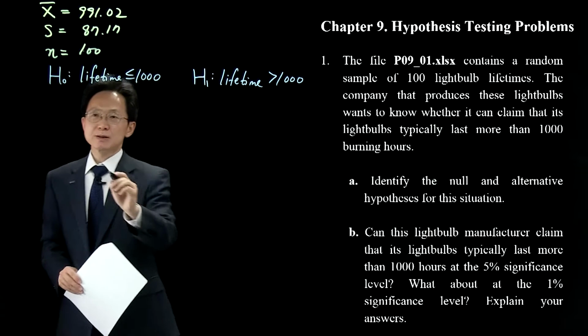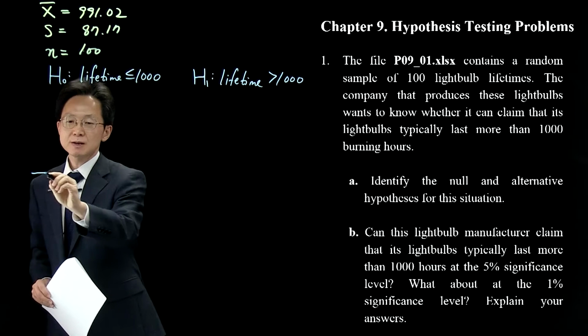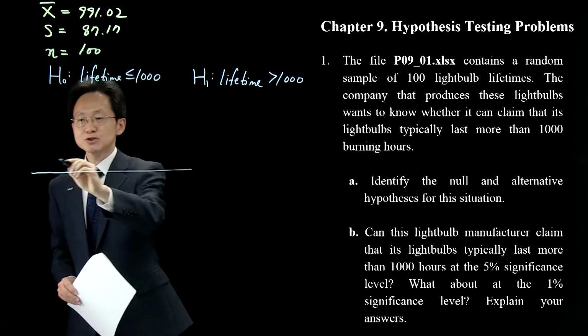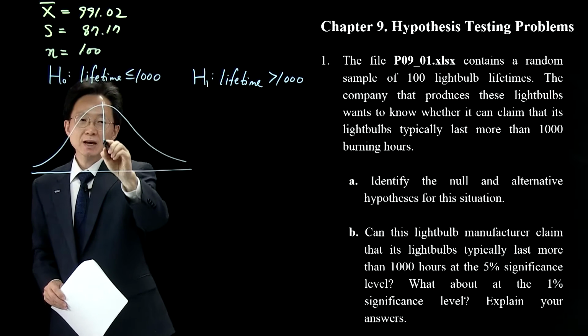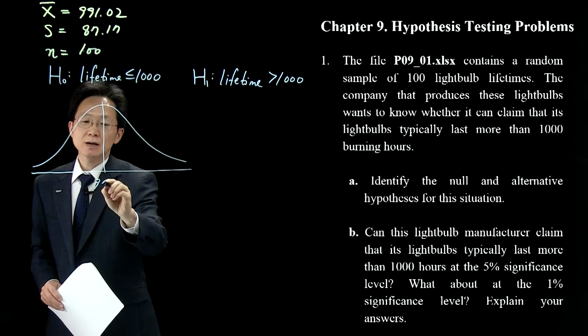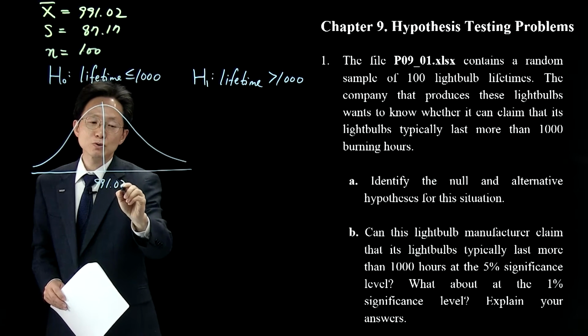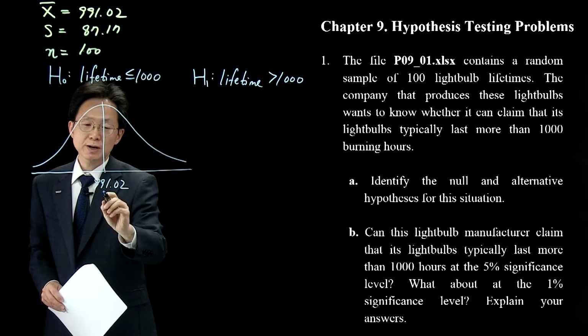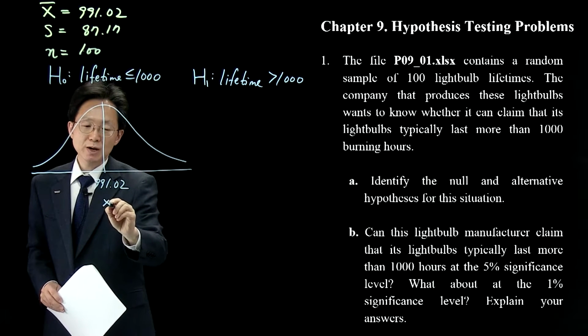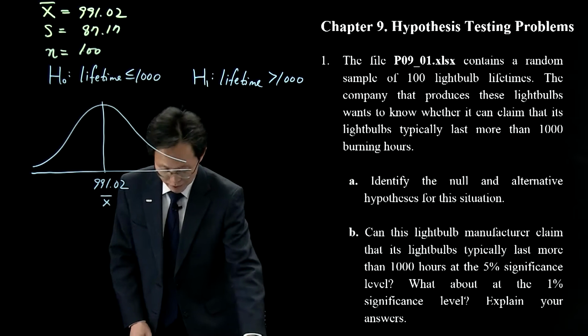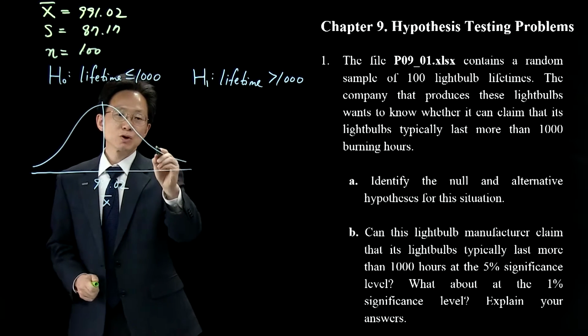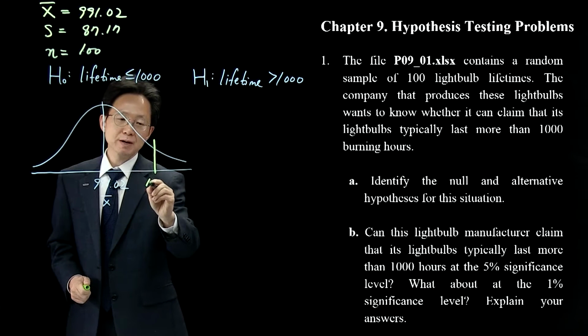Think about the distribution here. Okay, let's say there is a distribution, and we already know that x bar is 991.02. Okay, so this is our x bar. And where do you think we have 1,000? So we have 1,000 probably here.